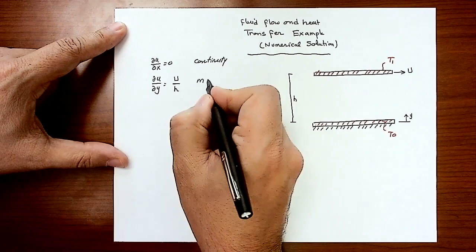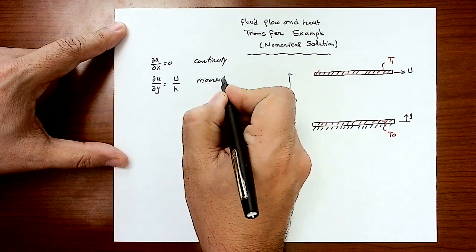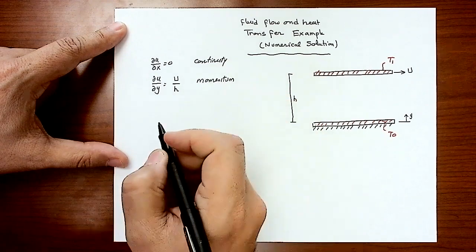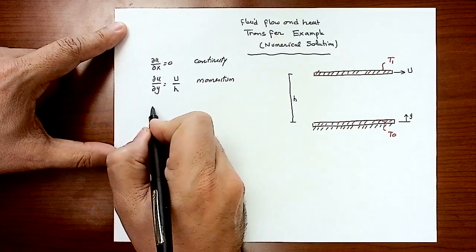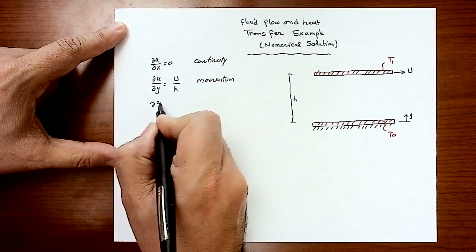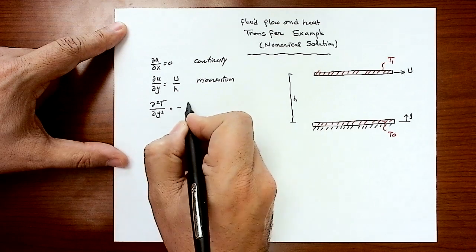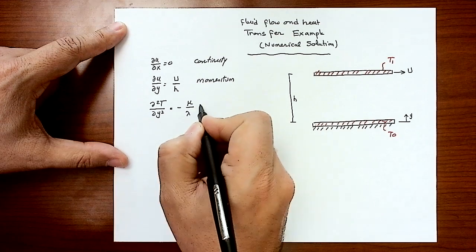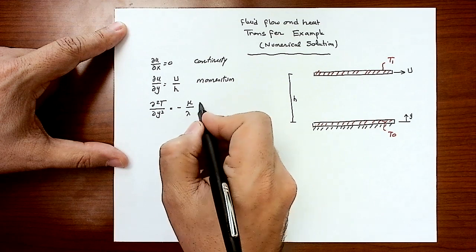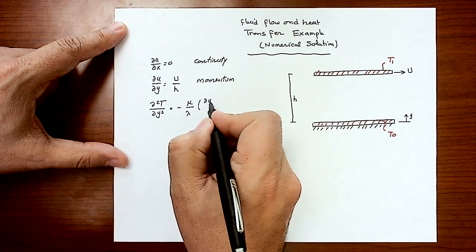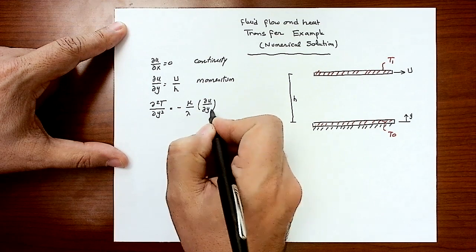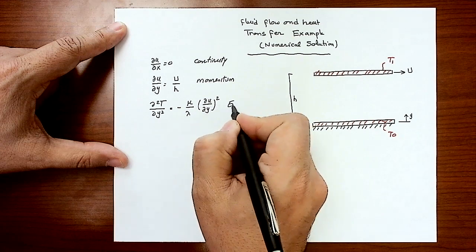That's for the x momentum. And from the energy equation, we reached that partial 2T by partial y square equals minus mu over lambda. And the last term that is left from the dissipation function is partial u by partial y squared. So that's the energy equation.